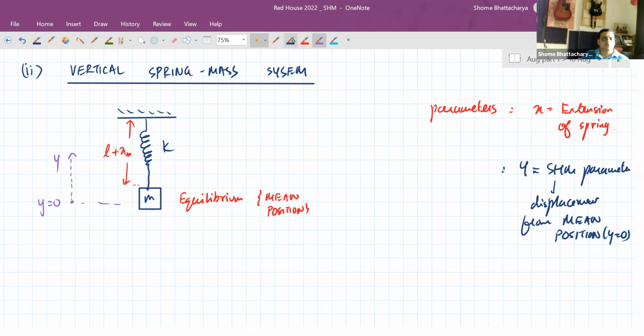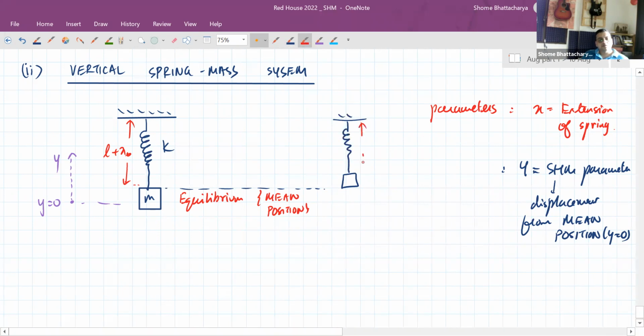So from here we can see that if we take the block to a displacement y above, now the spring's extension has become less.